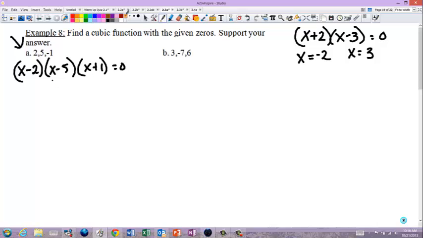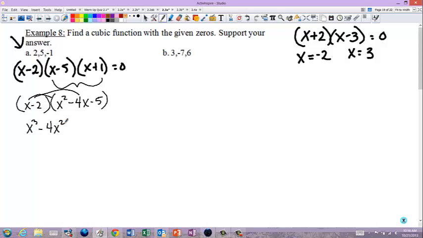And then you FOIL it out. So I picked two to FOIL. Be x squared plus 1x minus 5x, so minus 4x minus 5, and then x minus 2, and then I distribute through. X times x squared is x cubed, minus 4x squared, minus 5x, minus 2x squared, plus 8x plus 10.